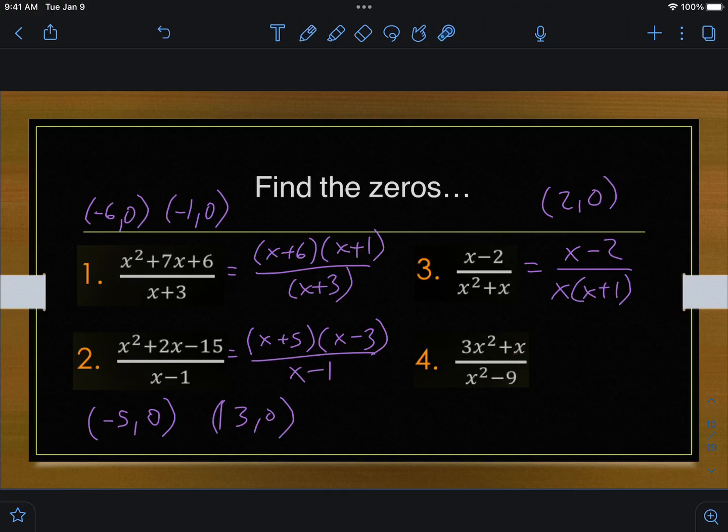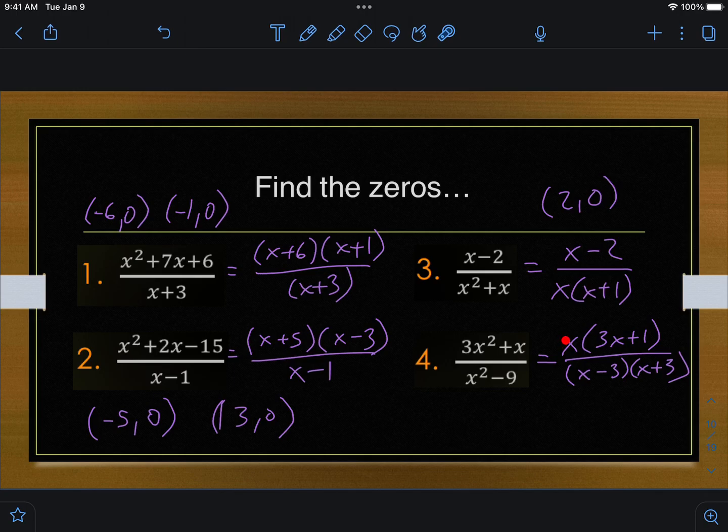And then our last one down here, the top is a GCF. I can take an x out, and then it's 3x plus 1. And the denominator is a difference of squares, x minus 3 times x plus 3. All right, now this is one that oftentimes students don't get.